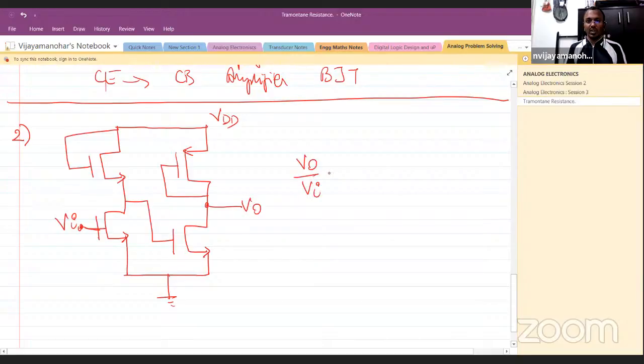V naught by Vi equal to what? Okay, what is given to you? Let me look at the transistor numbering correctly.